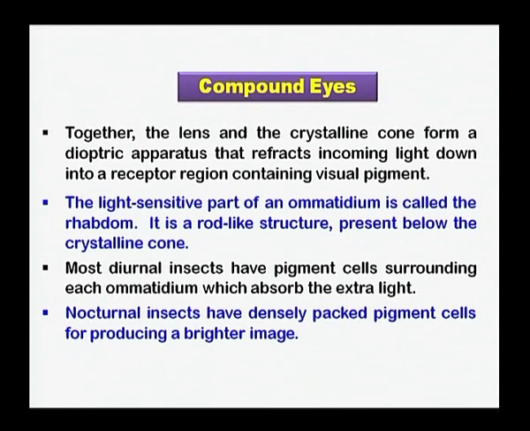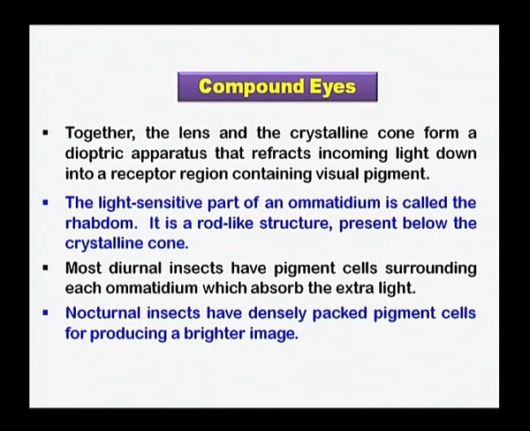This crystalline cone, along with the dioptric apparatus, makes a visual component, and the light which passes through this corneal lens and through the crystalline cone reaches the rhabdom, which is directly connected to the nervous system.